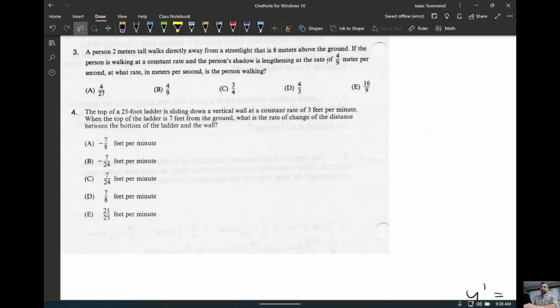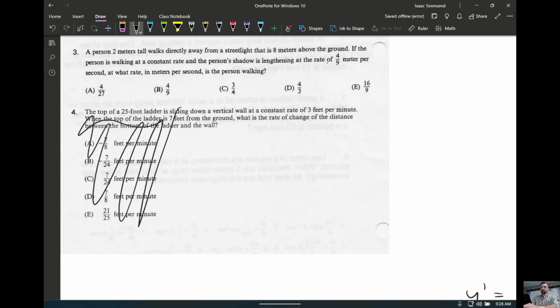Okay, so number 3, let me scratch this out so I have space to work. Number 3 certainly needs a picture, and they're hoping that after you make the picture you kind of recognize something from geometry. So you've got a 2-meter person walking away from a street lamp that is 8 meters above the ground.